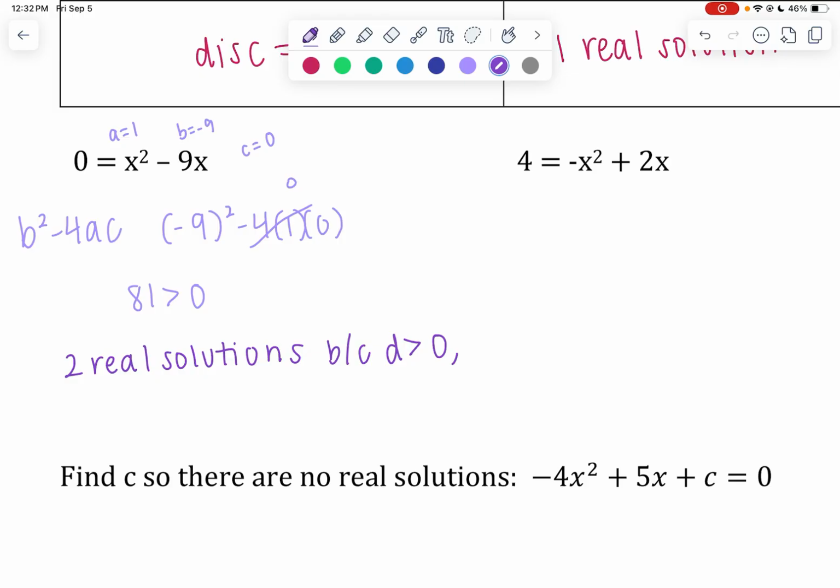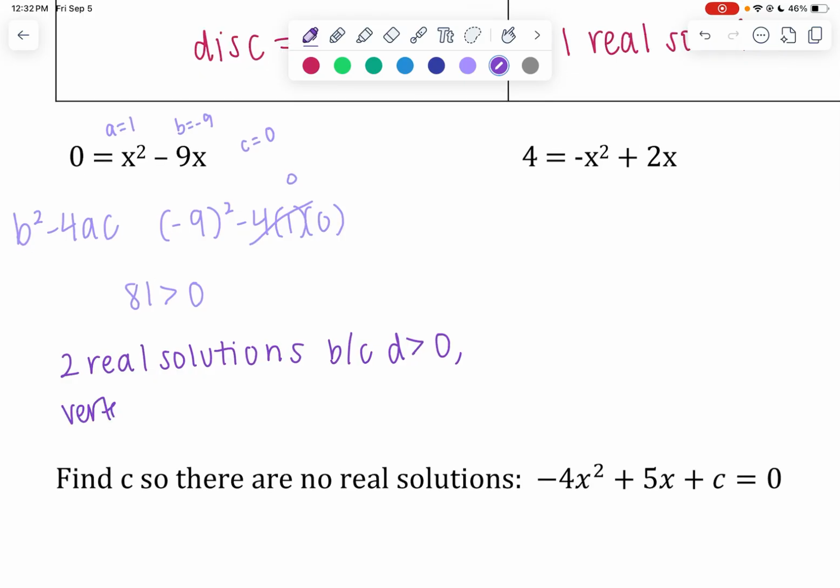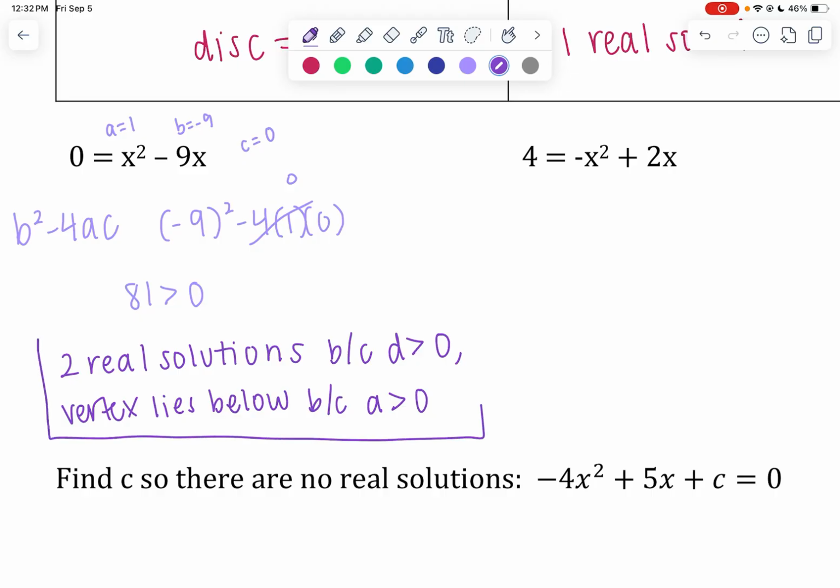So 2 real solutions because the discriminant is greater than 0, and my vertex lies below, and that's because A is a positive number. You could say A is greater than 0. You can also just say A is positive, okay? So that means that it's going to open up. That's it. I didn't have to do that whole quadratic formula thing, okay?